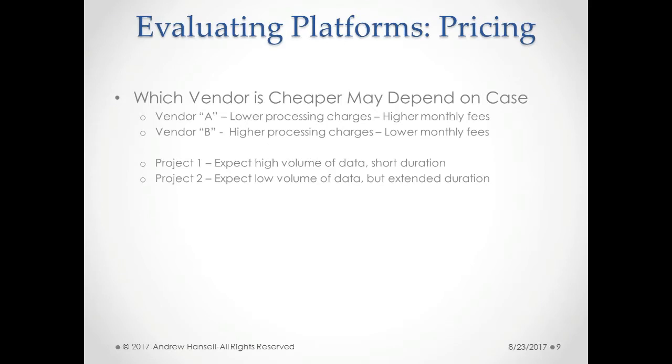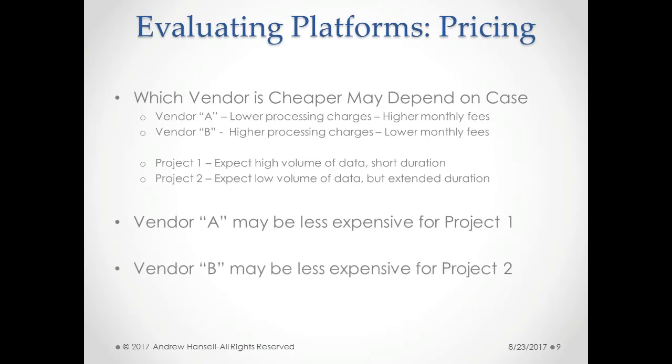So when you take those assumptions and apply them to the charges of vendor A and vendor B, in this scenario, you might find that vendor A is going to be less expensive for project 1 because it has those lower processing charges on your high volume of data, and even though it has higher monthly fees, because your project's not expected to be that long, those fees may not add up to exceed the savings that you're going to get off those processing charges.